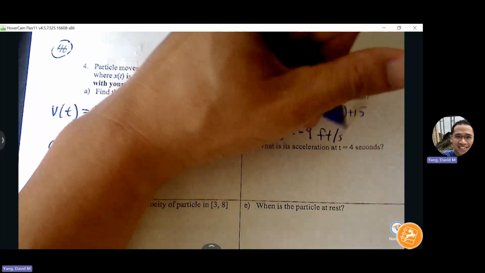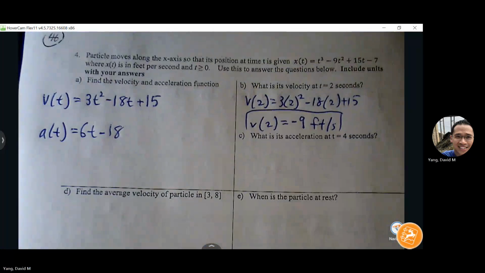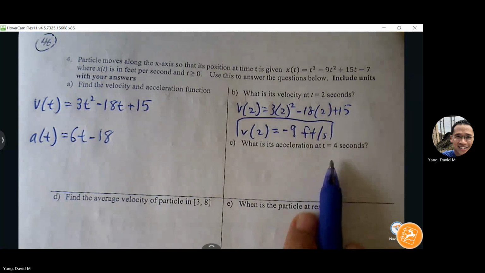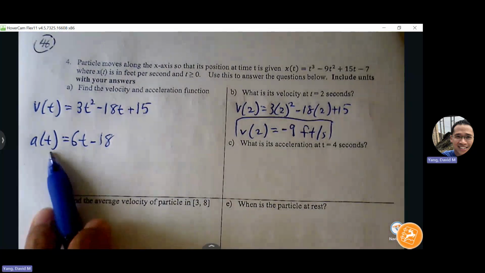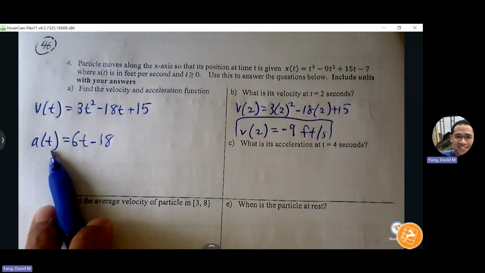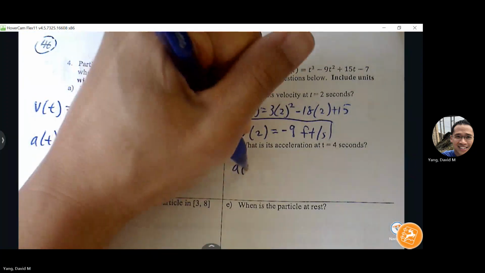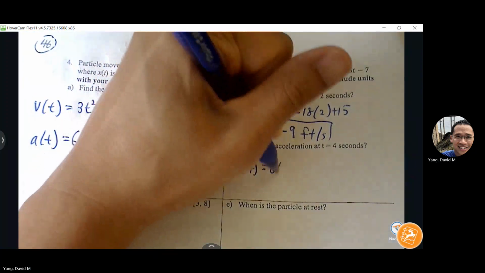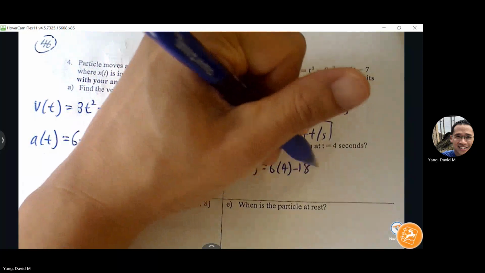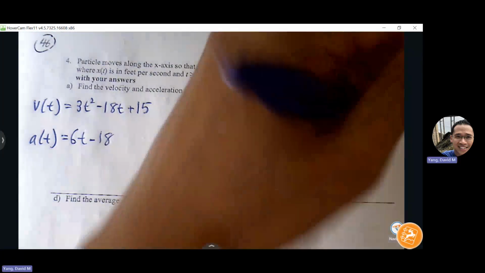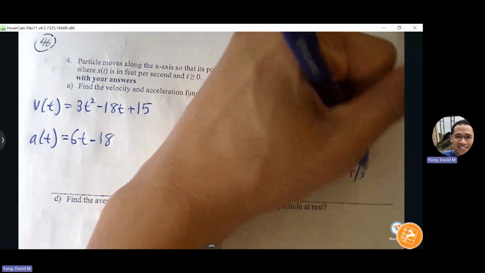Units of measure, feet per second, right? What's the acceleration at 4 seconds? We can do what here? Yep. Plug 4 in for the t variable of my acceleration function. What's our unit of measure? Feet per second squared.